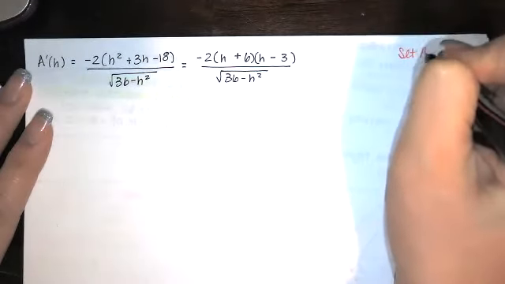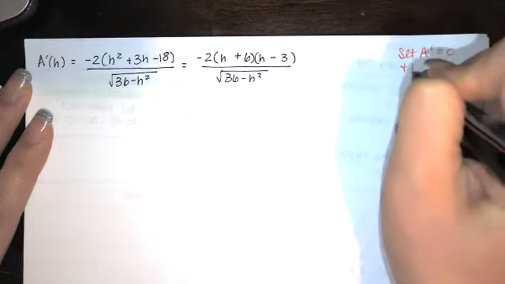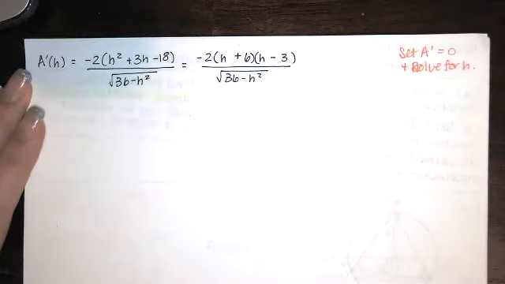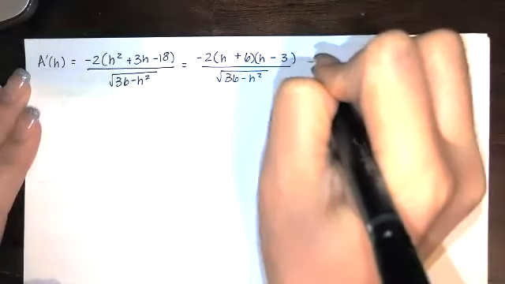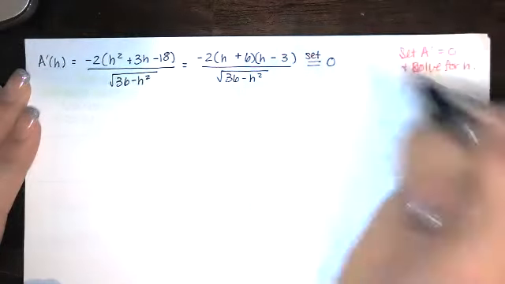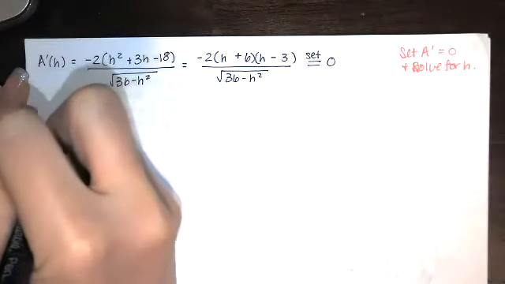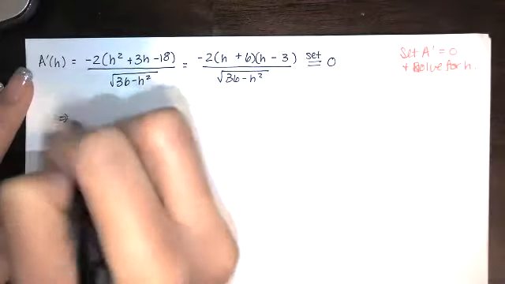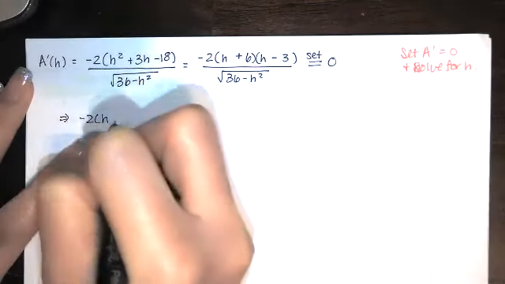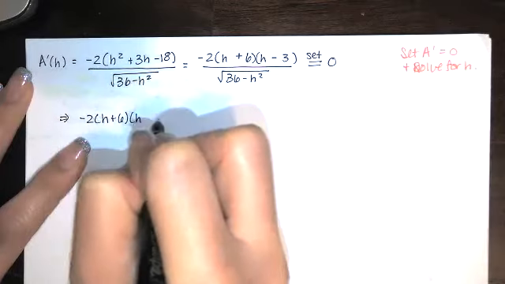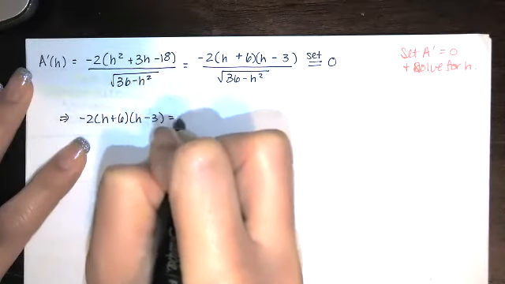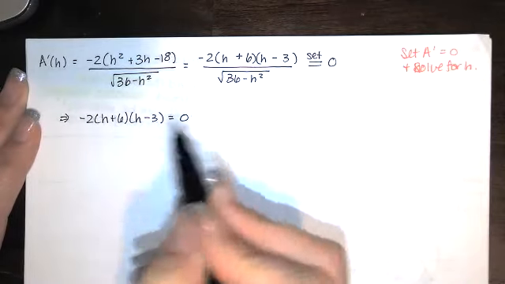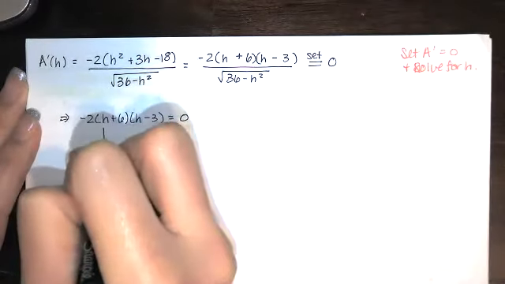Now we're ready to set A prime equal to 0 and solve for H. I've got a fraction, it equals 0 whenever its numerator equals 0. Of course, the negative 2 is never equal to 0. The only way this product is 0 is if one of the factors is 0.